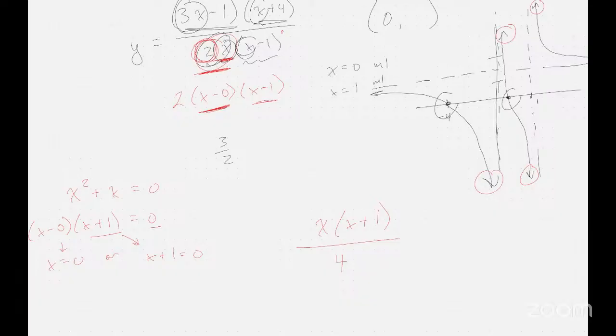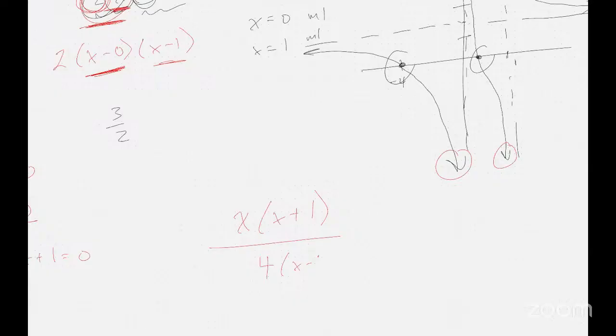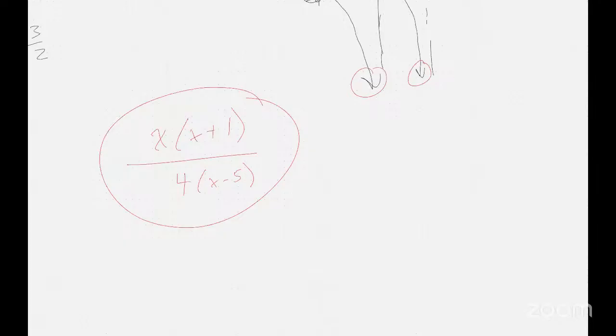So this is a bad example. Let's do x minus 5. What would your y-intercept be for this? Plug in 0 for x. Then it would be zero over a negative number, so it's just 0.